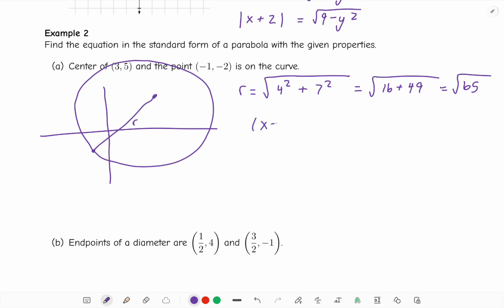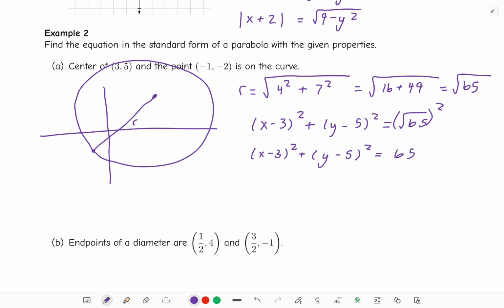So then we get (x minus 3) squared plus (y minus 5) squared equals the square root of 65 squared, which is (x minus 3) squared plus (y minus 5) squared equals 65.